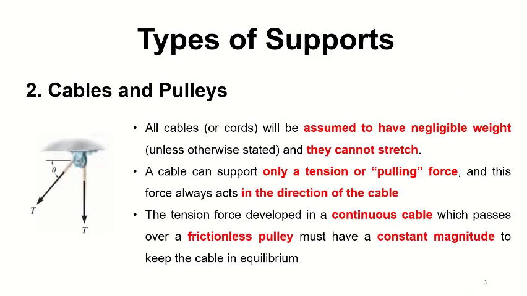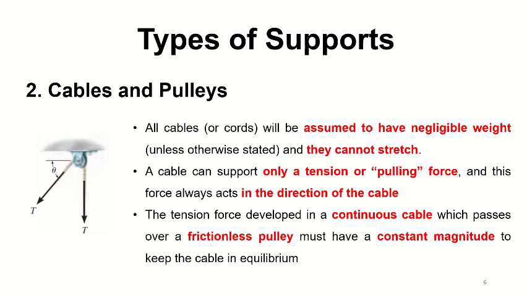The second type of support is cables and pulleys. Throughout this course, we assume that all cables have negligible weight and they cannot stretch, which means the length of the cable is fixed.